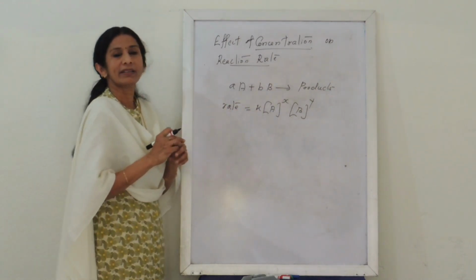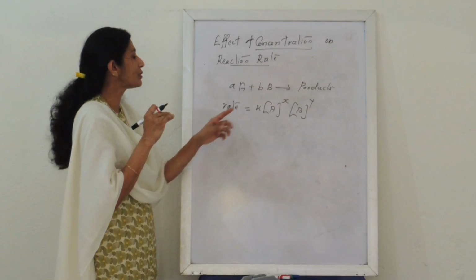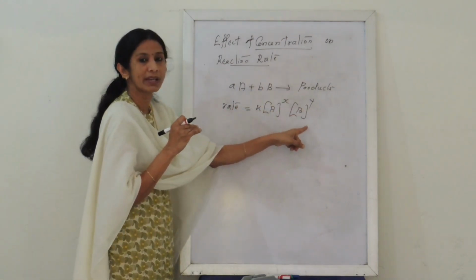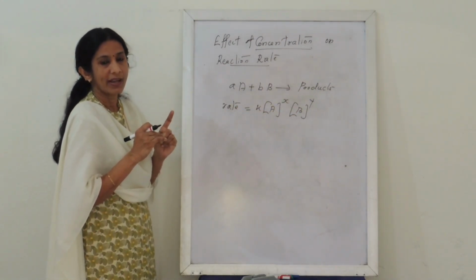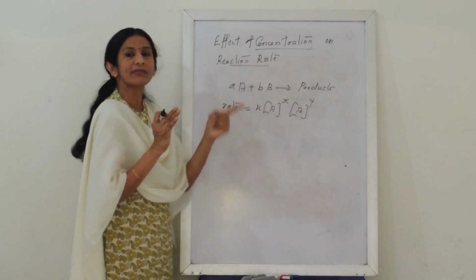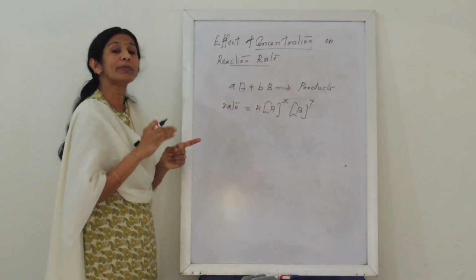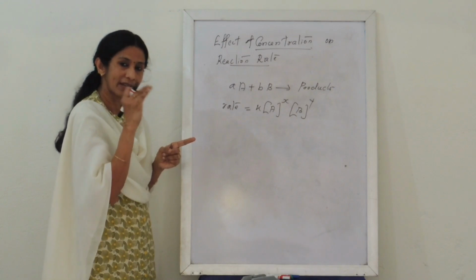Then x and y, that is the order with respect to the reactants A and B respectively, may or may not be equal to a and b.